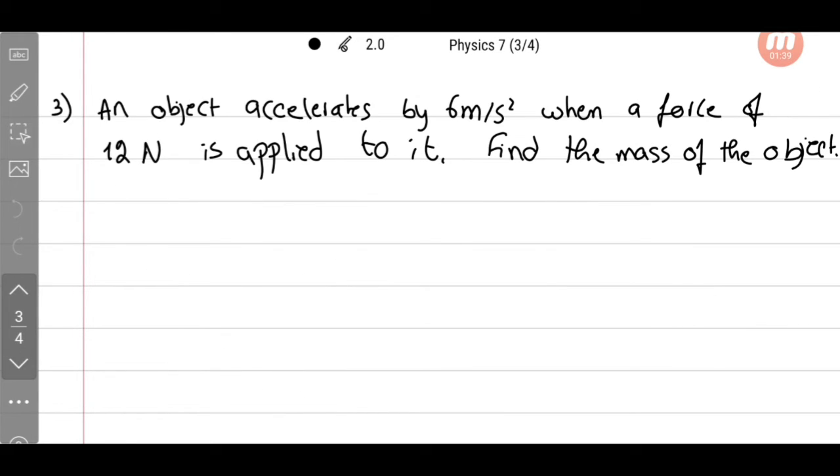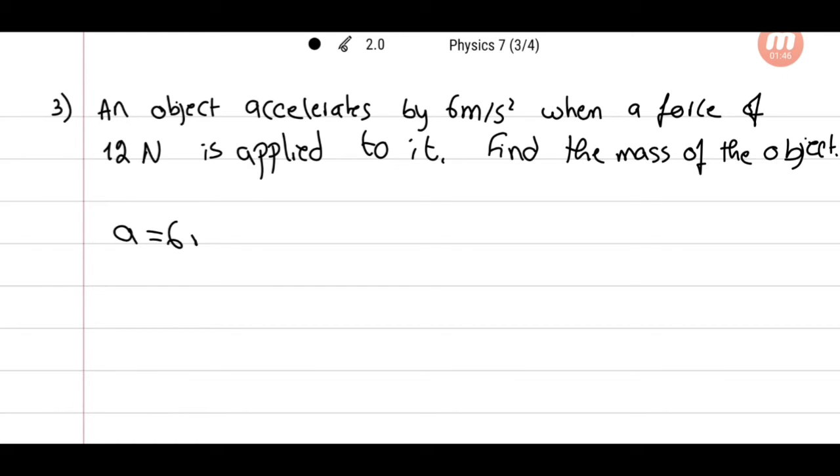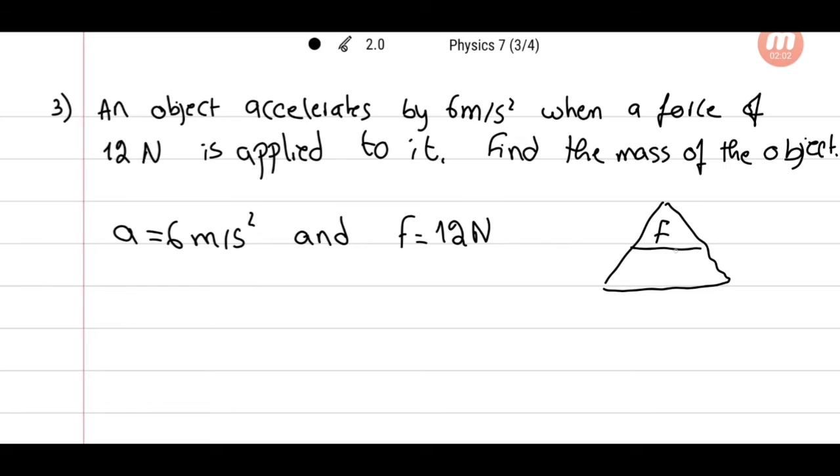Now another example. An object accelerates by 6 meters per second squared, so a is equal to 6 meters per second squared, when a force of 12 newtons is applied. So I have the force now. Find the mass of the object. I need to find m. Now using Newton's second law, F equals ma, m is equal to F over a.